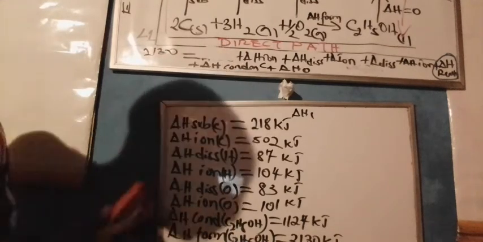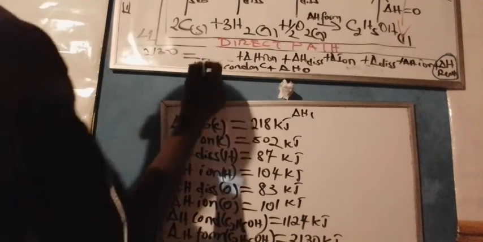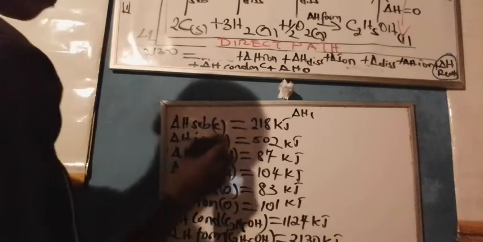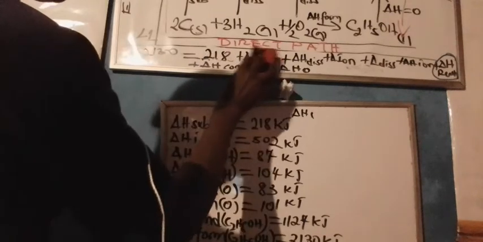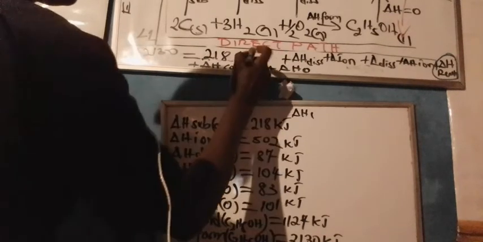Sublimation, 218. Ionization is 502. Dissociation of hydrogen is 87.